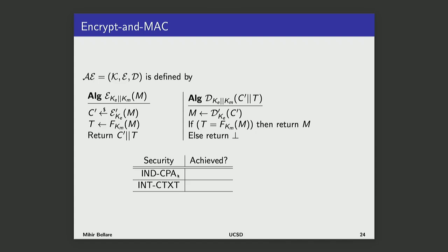So in the understanding of what this goal is, would this scheme provide privacy? What we're asking there is, you get to see ciphertext like this, and you have to tell, is it a left or right message, where it's coming from one of two messages you query to left or right. Or you can look at it somewhat more intuitively. But any thoughts? Does this look like it provides privacy?